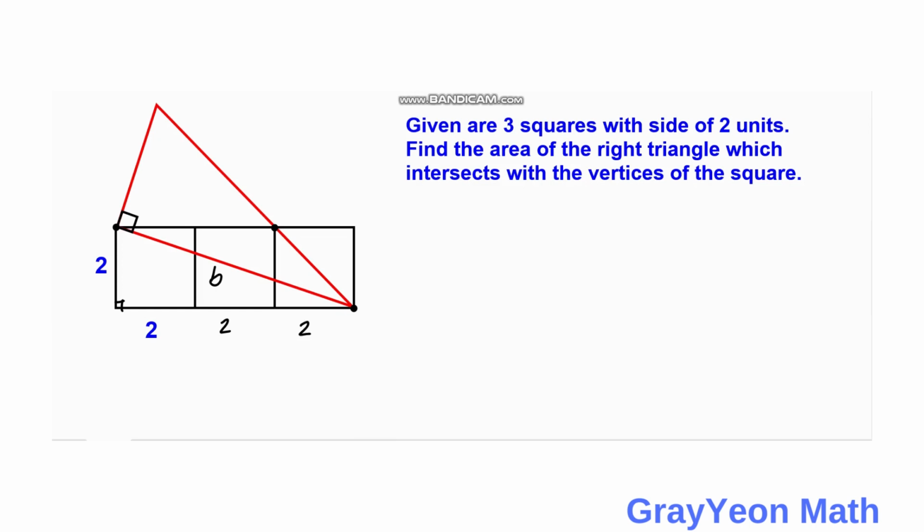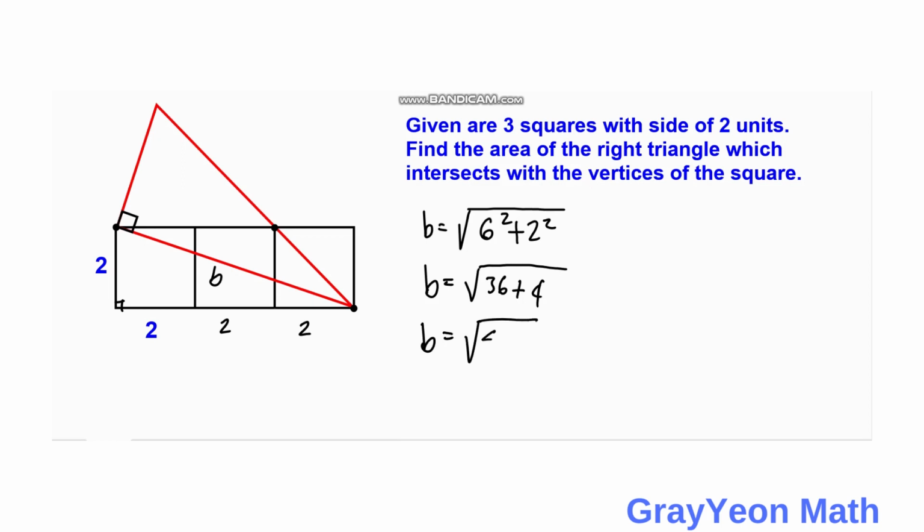So we have B equal to the square root of 6 squared plus 2 squared, and B is equal to the square root of 36 plus 4, and B is equal to the square root of 40, or B is equal to 2 square root of 10. So B becomes 2 square root of 10.